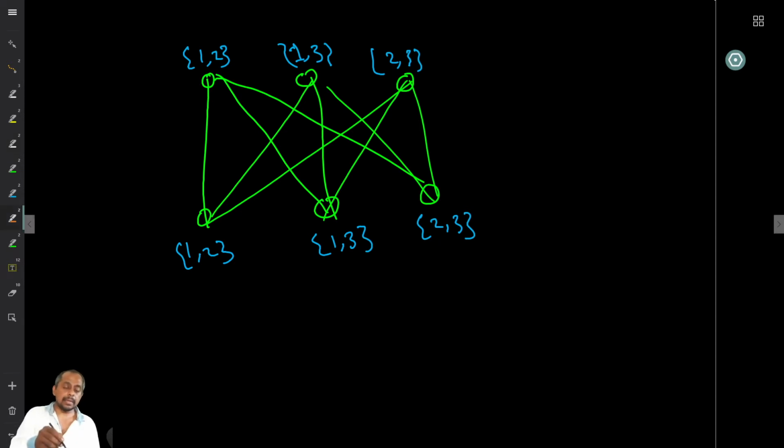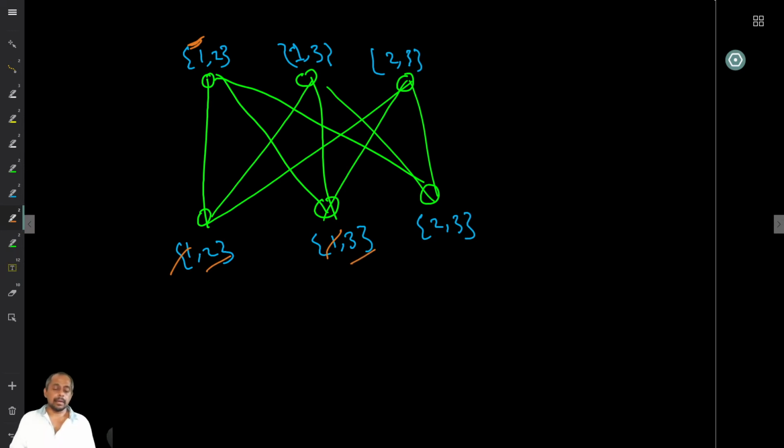Suppose I start by coloring one of these vertices from its list, let's say using 1. If I use color 1 here, then I cannot use color 1 on the two neighboring vertices. So I am forced to use color 2 here and color 3 here.